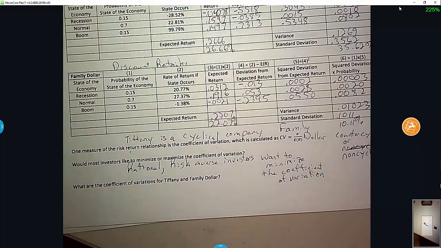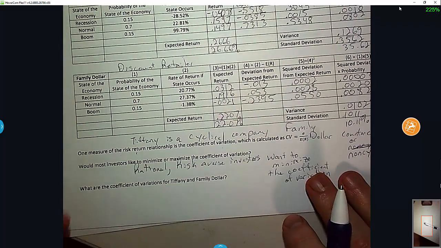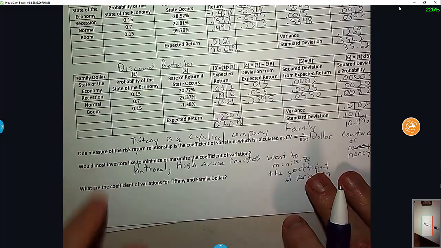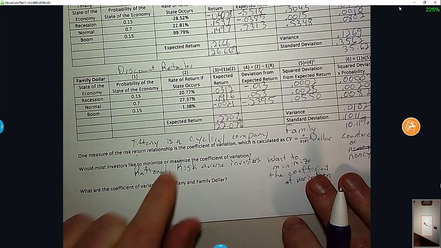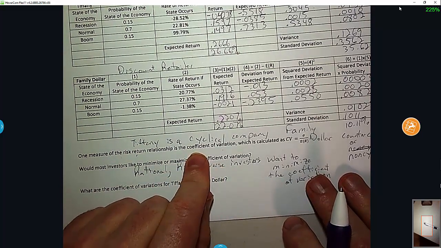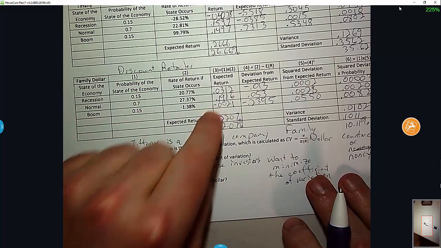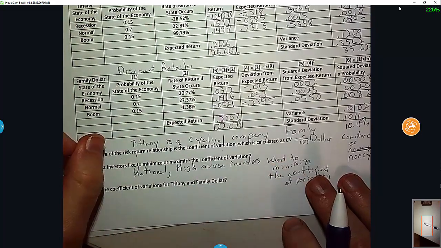Typically, the way we would use the coefficient of variation is if we're comparing different stocks or different investments for the same time period. What doesn't work is to calculate the coefficient of variation for the same investment over different time periods or different investments over different time periods. There are better measures to use for that.